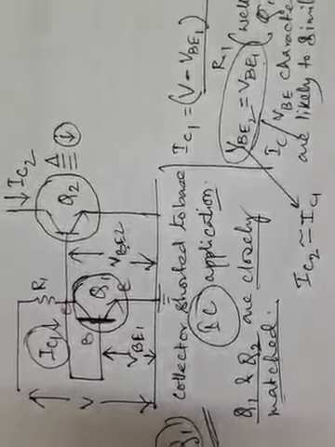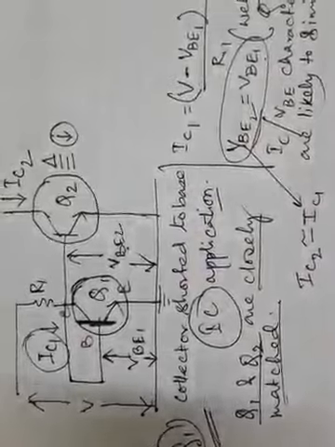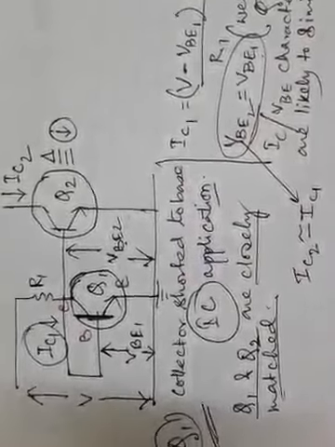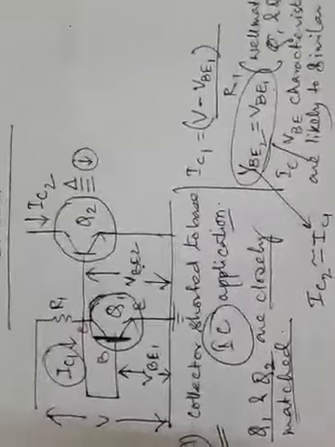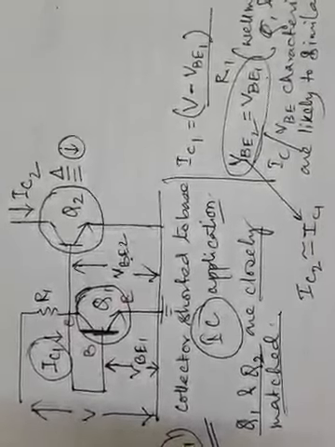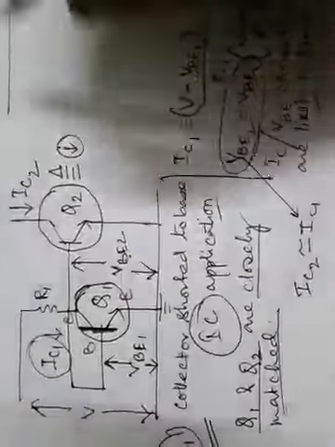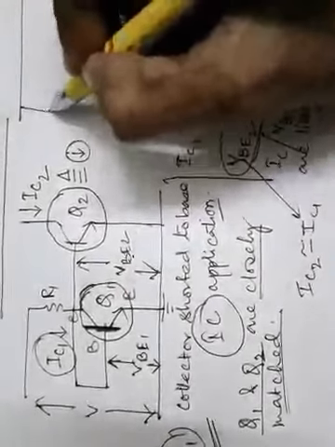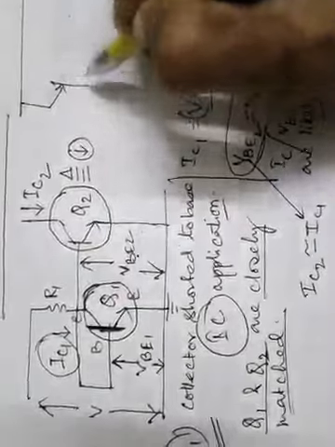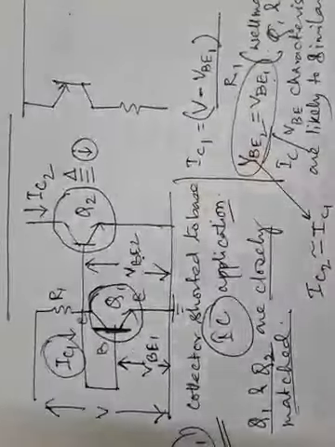Now since we have found that Q2 will behave as a constant current source, using this idea, let us see an extension of the current mirror circuit in one additional circuitry. Suppose we have a circuit consisting of these three transistors.